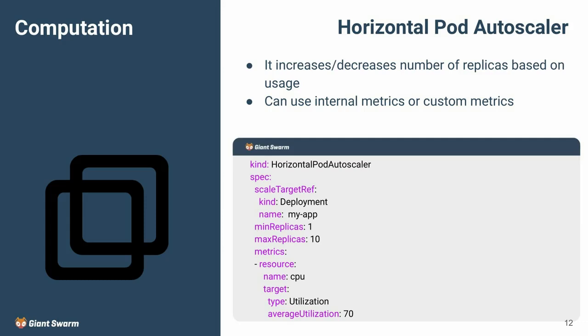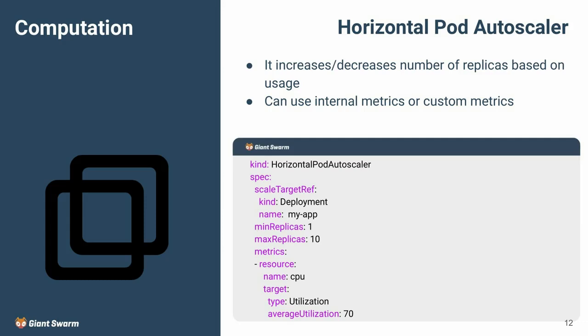And then you can define, like you are seeing here, how this controller is going to behave, right? So, for example, for our deployment, my app, we want to have a minimum number of replicas of 1, a maximum of 10. And the average utilization across all the pods, all the containers, we want to not go further than 70% in this case, right?